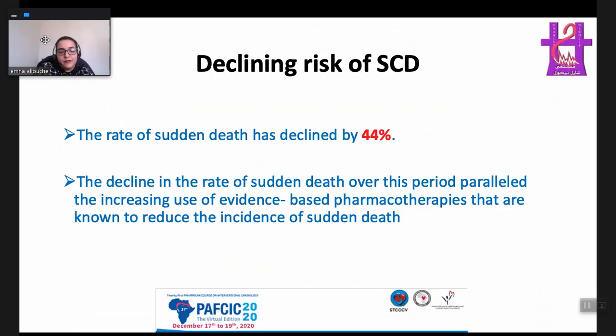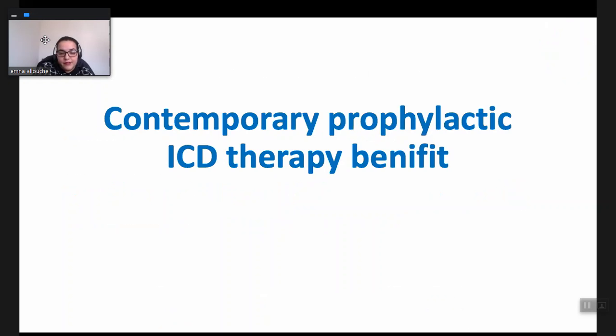So the rate of sudden death has declined by 44%. The decline over this period paralleled the increasing use of evidence-based pharmacotherapies that are known to reduce incidence of sudden death.